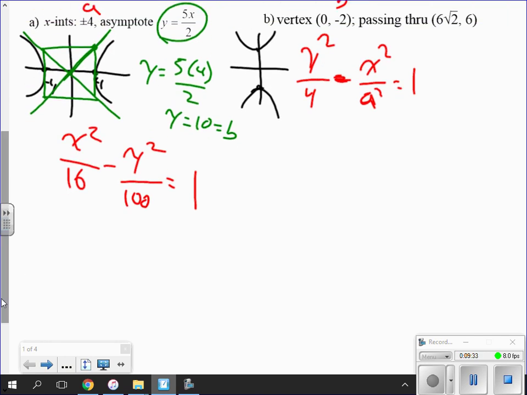So, to figure out what A is, I plug in my X and my Y. So I have 6 squared over 4 minus 6 root 2 squared over A squared is equal to 1.